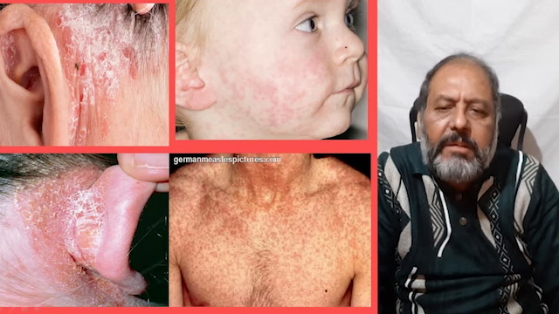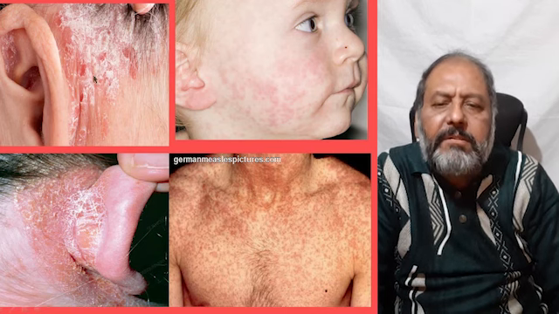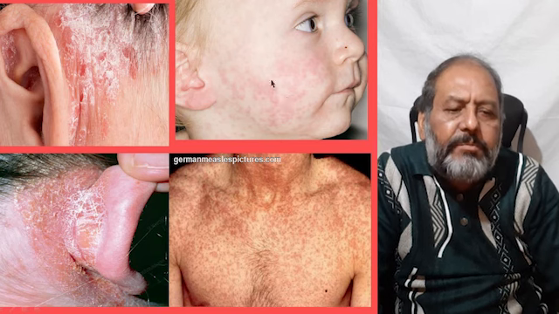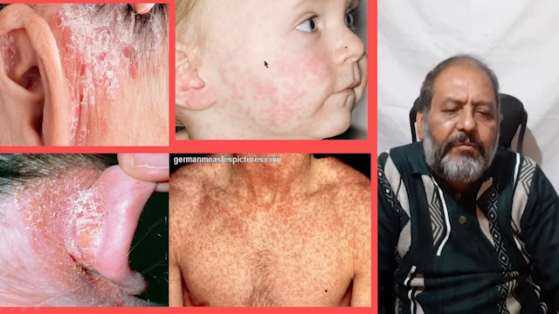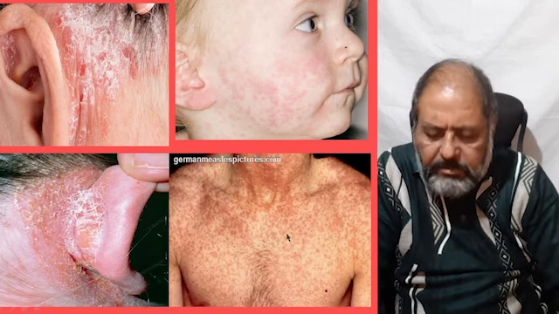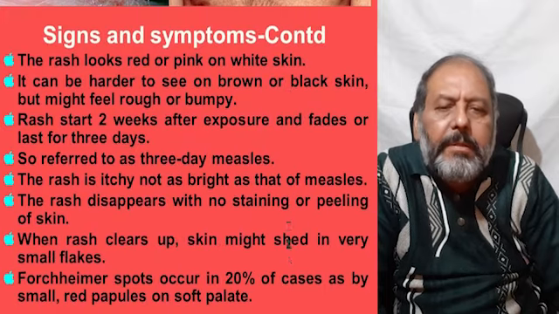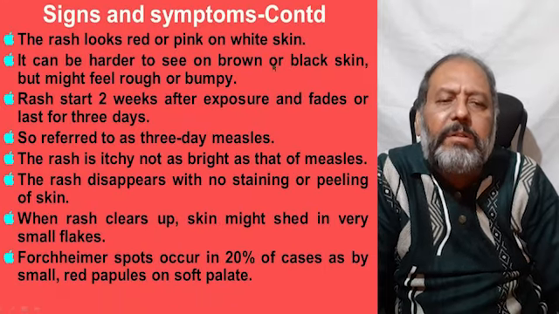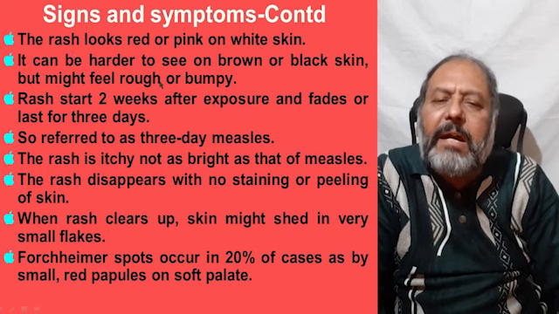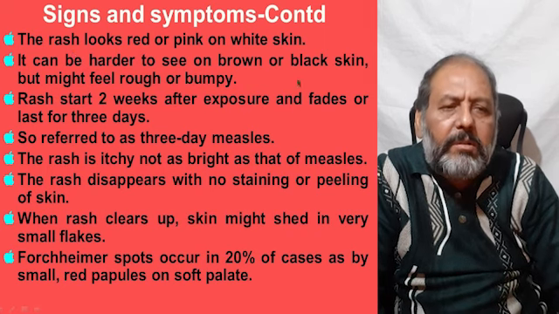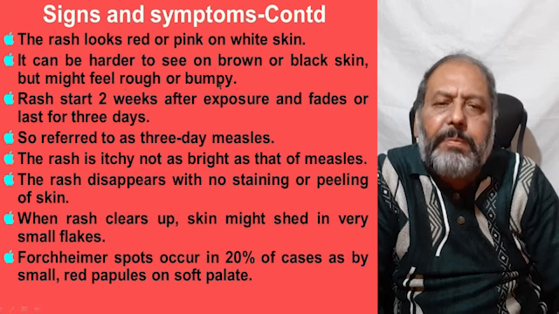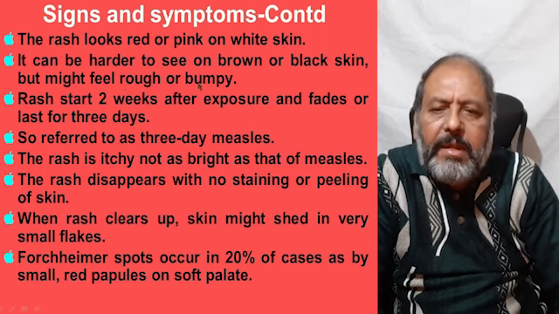Here one can see the rashes behind the ear, then on the face, and from the face they spread to the whole body. The rash looks red or pink on white skin. It can be harder to see on brown or black skin, but might feel rough or bumpy if you touch it with your hand.